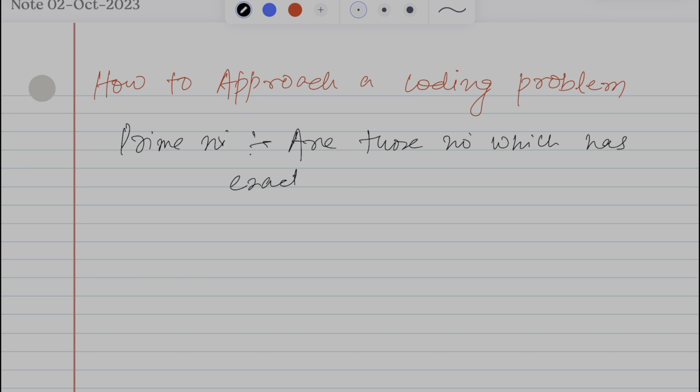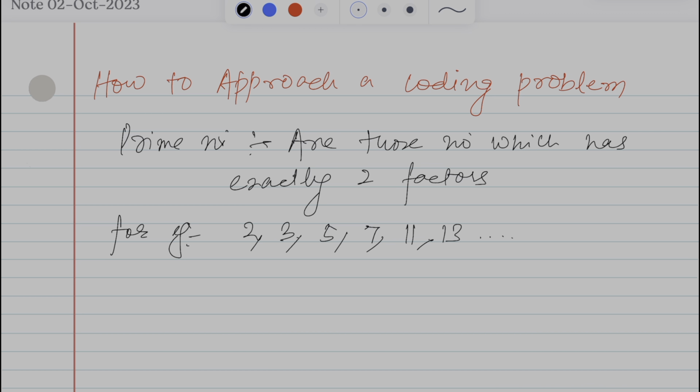What do we mean by factors? A particular number n is exactly divisible by two numbers only. For example, 2, 3, 5, 7, 11, 13, and many more. If we talk about 2, you can see that 2 has the factors 1 and 2 itself.